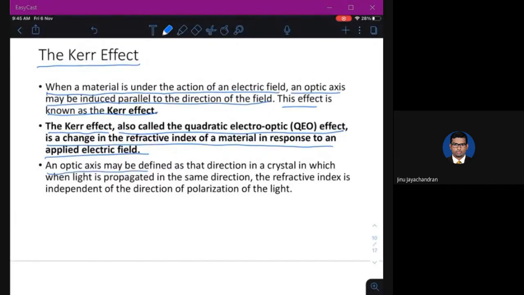An optic axis may be defined as the direction in a crystal in which, when light is propagated in the same direction, the refractive index is independent of the direction of the polarization of the light.